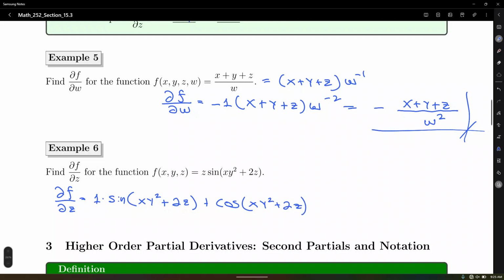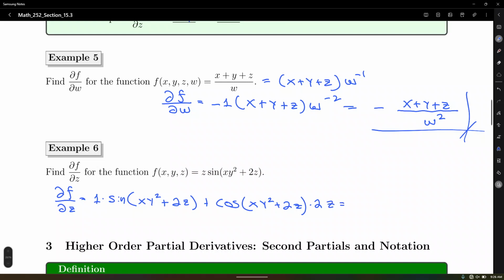Keep in mind that we will hold x and y constant, so the derivative of this term right here will be 0, plus the derivative of 2z, which is simply 2. But that's just the derivative of the v factor in the product rule. We need to multiply by z.